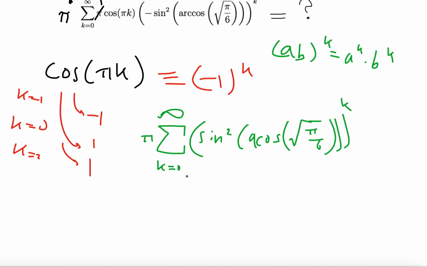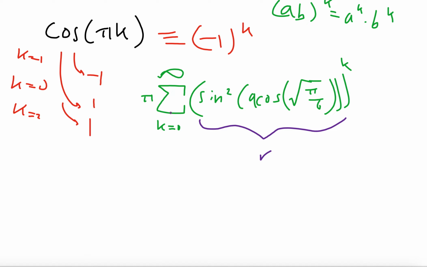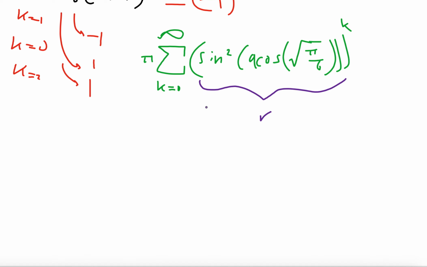Now, I'm going to call this entire expression here r. So it becomes pi times the sum of k going from 0 to infinity of r to the k. Why do I do this?